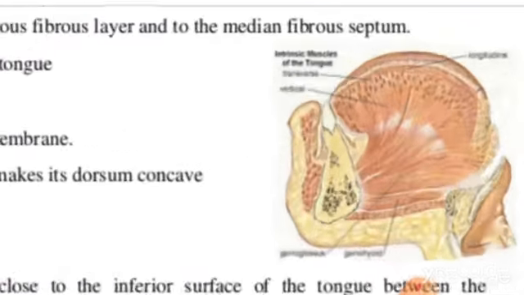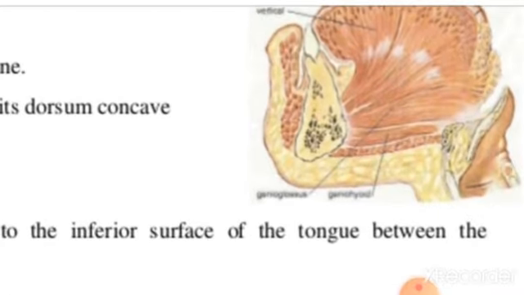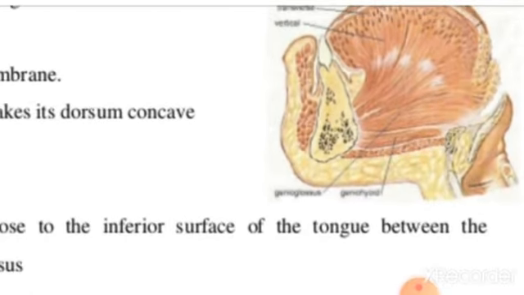You can see here the styloglossus, the hyoglossus, and the genioglossus. It shortens the tongue and makes the dorsum more convex, while the superior longitudinal muscle makes the tongue more concave.